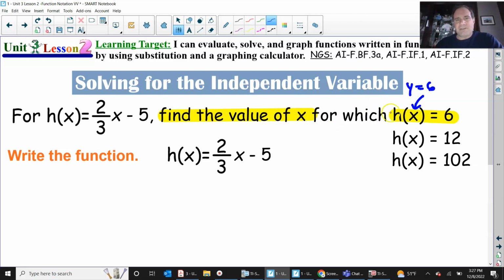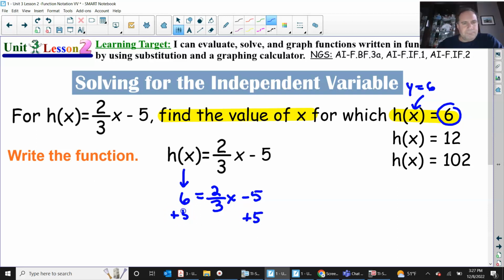So instead of h of x, now we're going to substitute the 6 in. H of x is 6, equals 2 over 3x minus 5. To get x, you have to add 5 on both sides. This cancels. You have 11 equals 2 over 3x. Then we multiply by 3 over 2.